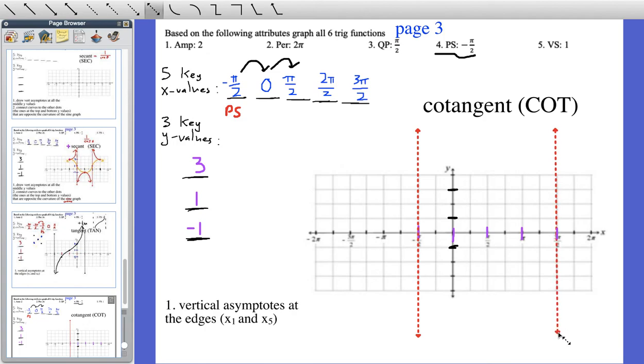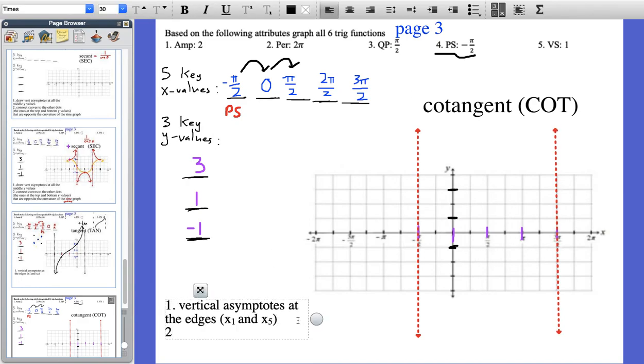Again, that uses up those x values, so our dots only go at x2, x3, and x4. So if we wanted to finish this up, we would say the points at x sub 2 through x sub 4 go from top to bottom for a positive cotangent function.